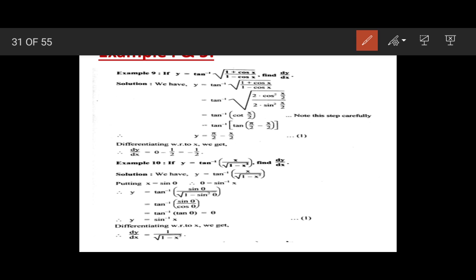I am getting y as sin inverse x, by substituting the theta value. So theta is sin inverse x, so y is equal to sin inverse x. Now differentiating y with respect to x, dy upon dx will be 1 upon under root of 1 minus x square. Okay, so this is the derivative of the given question.